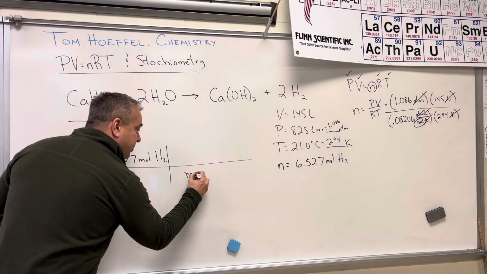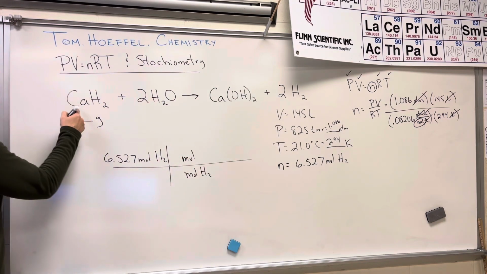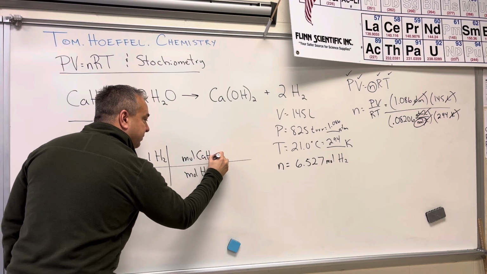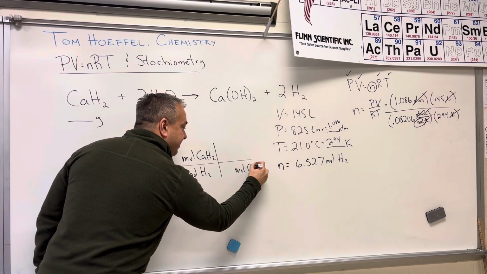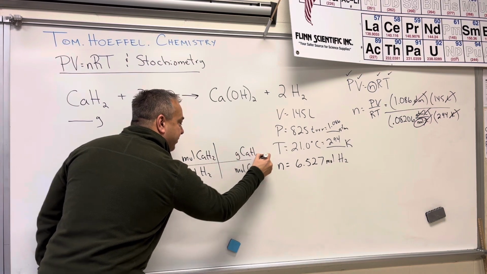I'm going to go from moles of hydrogen to moles of the chemical that I want to talk about, which is calcium hydride. And then I'm going to take those moles of calcium hydride and convert it to grams of calcium hydride.